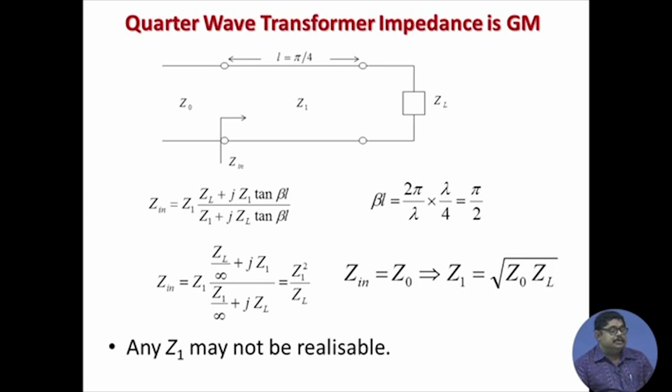So, you can get Z1 to be any value, but whether you will be able to realize a transmission line with value Z1 is up to technology, manufacturing technology, but any value can be attempted. So, any ZL can be matched to any Z naught.